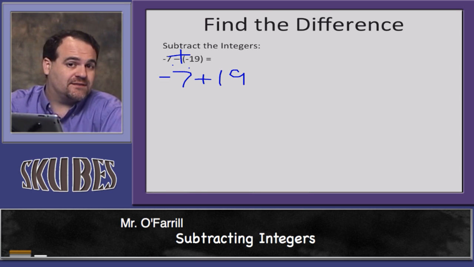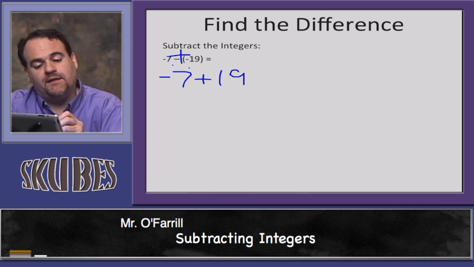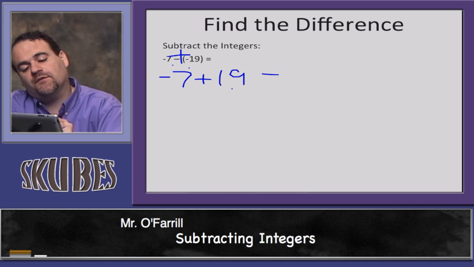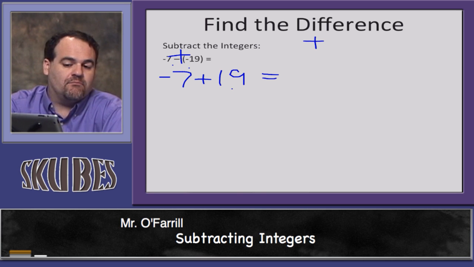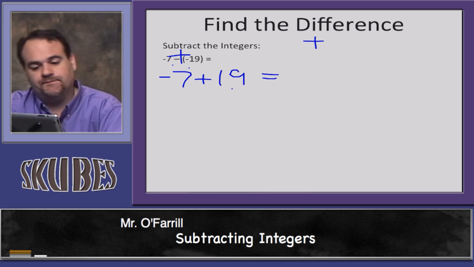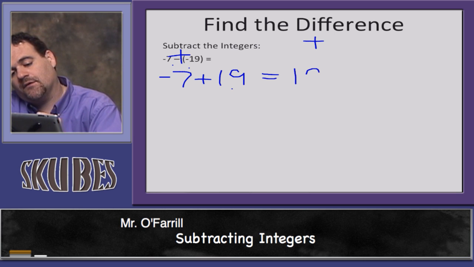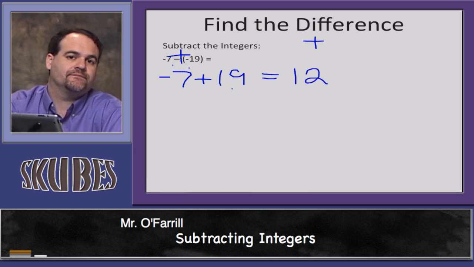And since they are different signs, and it's addition now, we're just going to go ahead and subtract them and keep the sign of the larger one. 19 is the larger one, so the answer is going to be positive. And 19 minus 7 is 12.